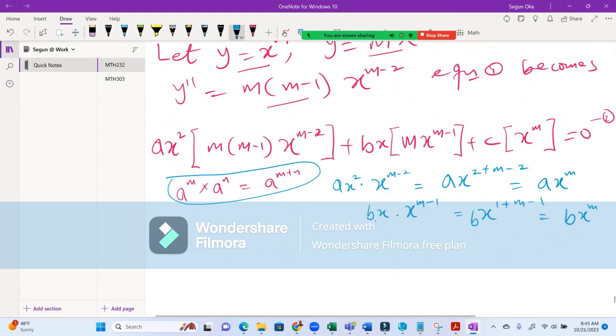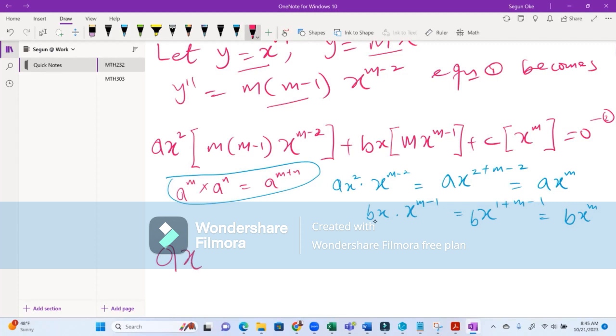We can proceed from here by saying, let's open the brackets and see what we have. When you open the brackets, if you just take x out, leave m inside, we are going to have a x raised to power m. The remaining one will be what? m into m minus 1.